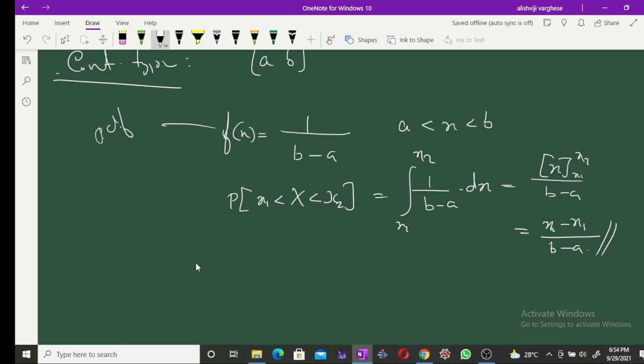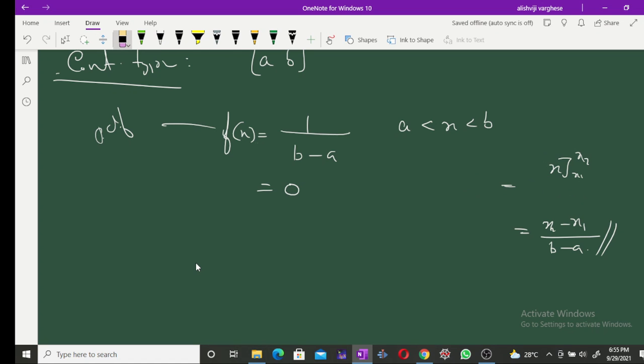Then the probability density function f of x is equal to 1 by b minus a, where x takes a value in between a and b. Anyway, the function f of x has a value 0 when x is outside the interval AB.